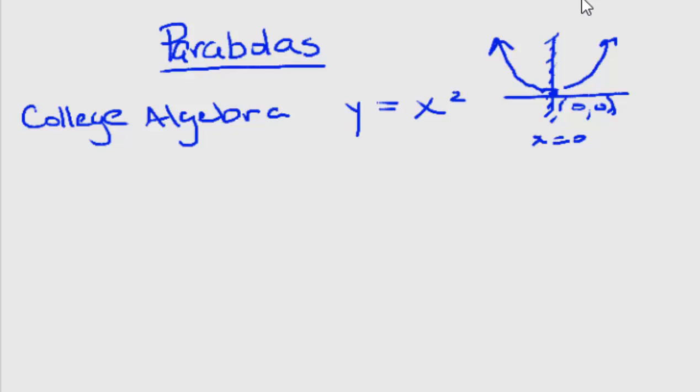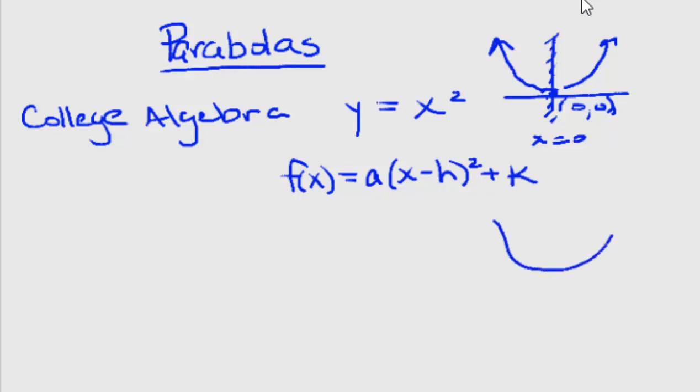In general, you may have learned that parabolas are functions of x, and that they take the form y equals a times (x minus h) squared plus k, where the vertex of the parabola would be (h, k). If a happens to be positive, then the parabola opens up, and if a happens to be negative, the parabola opens down.